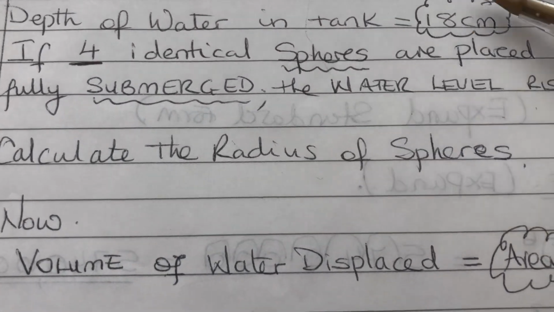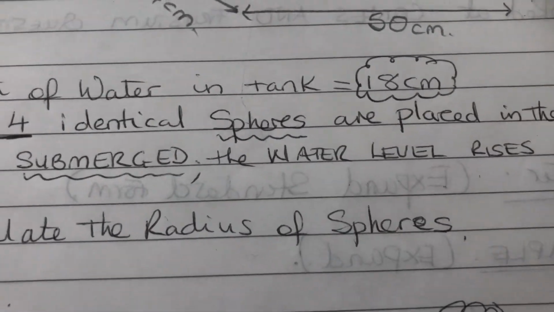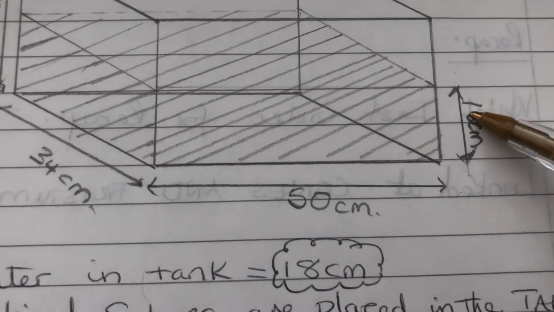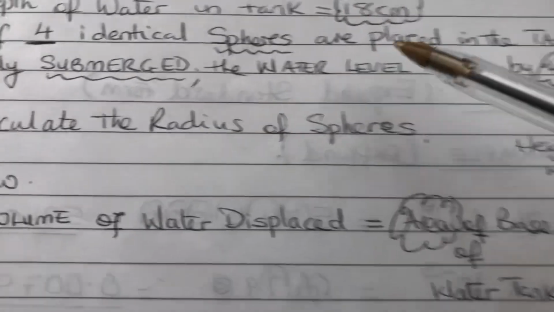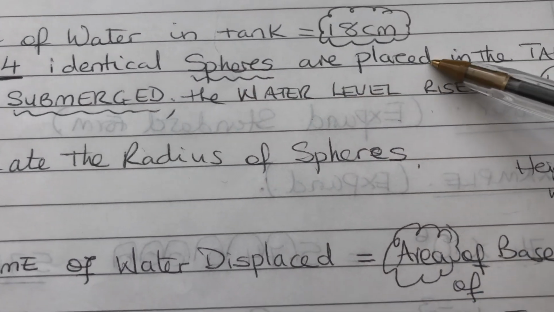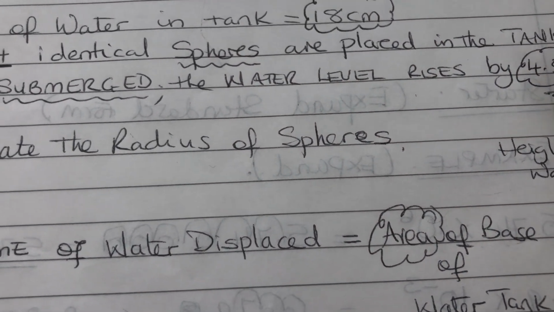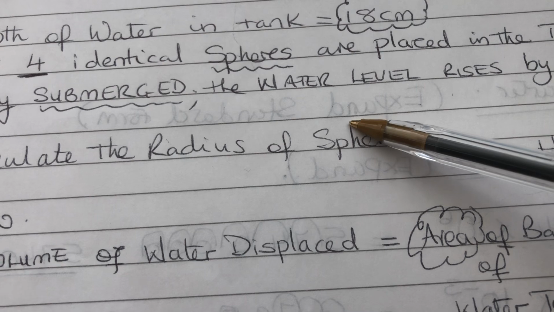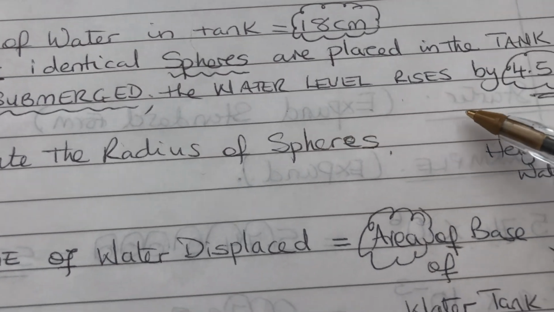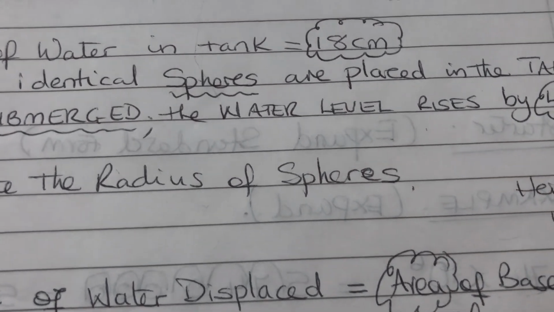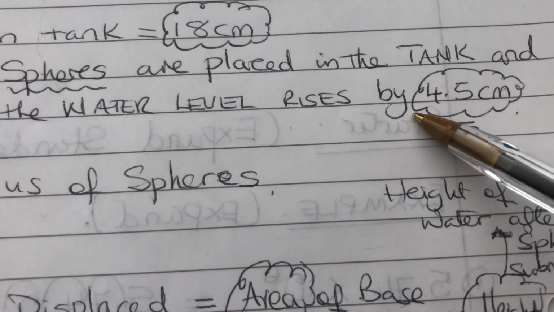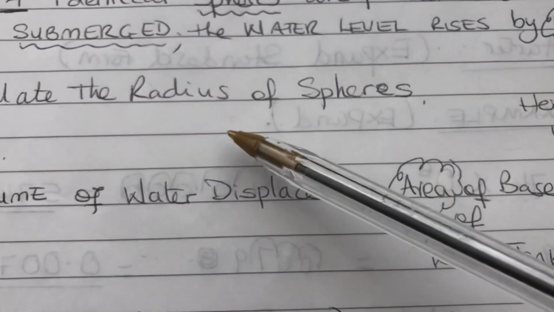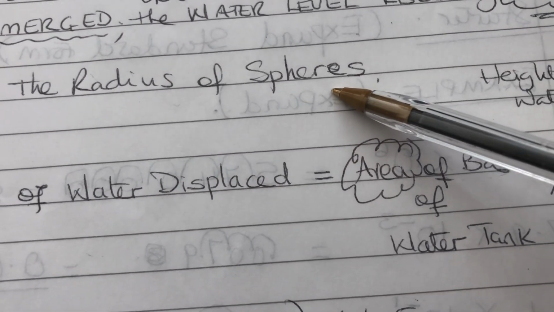Now, the depth of water in the tank is 18 centimeters. 4 identical spheres are placed in the tank and fully submerged. Now the water level rises by 4.5 centimeters. Calculate the radius of the sphere.